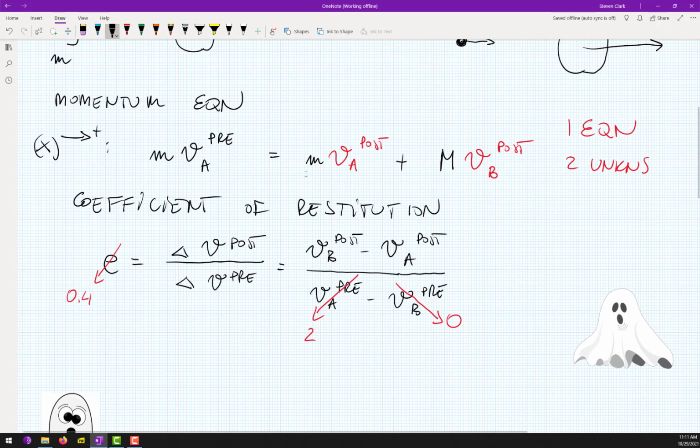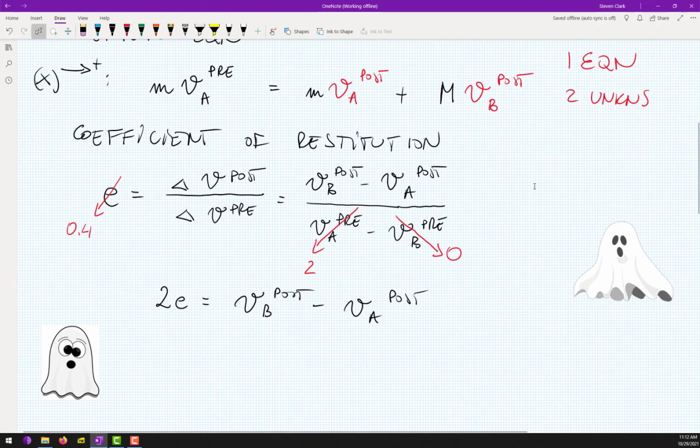So we ended up with 2E is equal to minus VA post plus VB post minus VA post. Okay, we found our second equation. Any questions so far? Awesome. So this is our second equation.